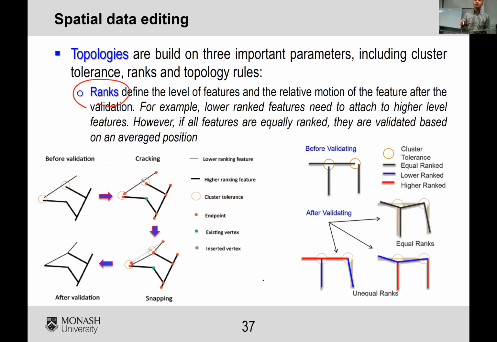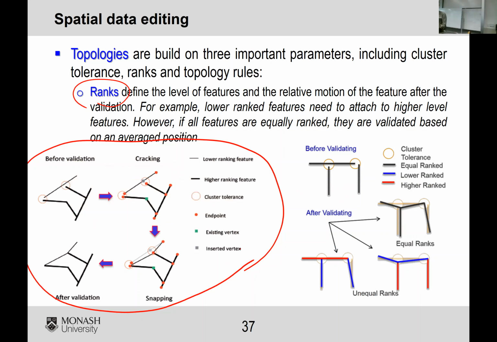If a certain feature has a higher rank, it means we are trying our best to preserve its location and shape. So if we look at this example to the left, we have different edges here.